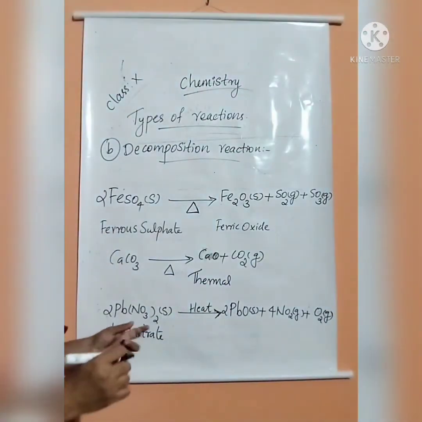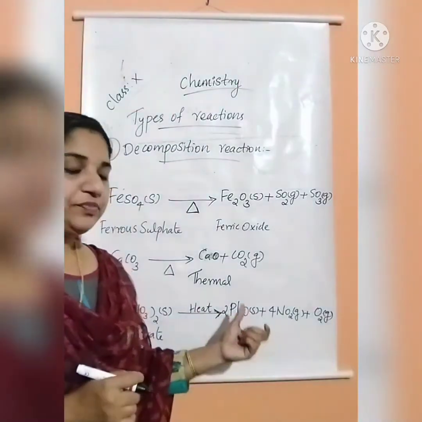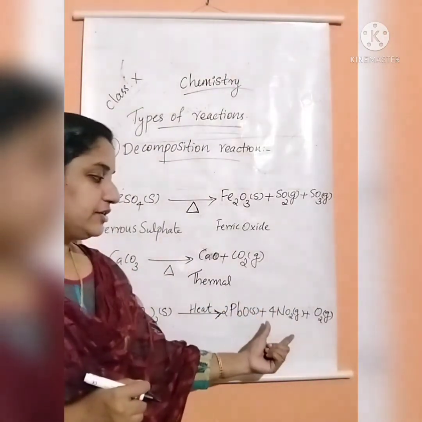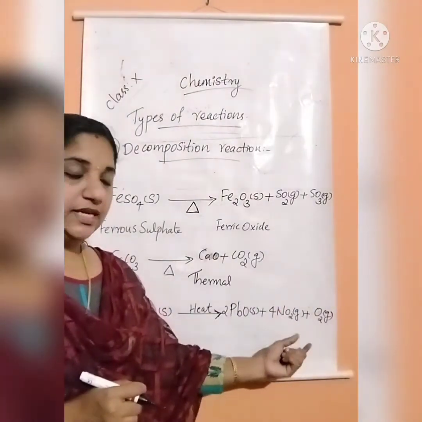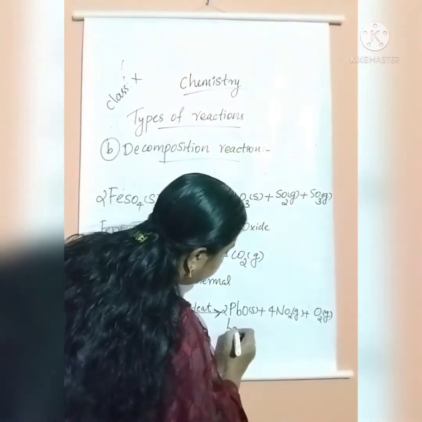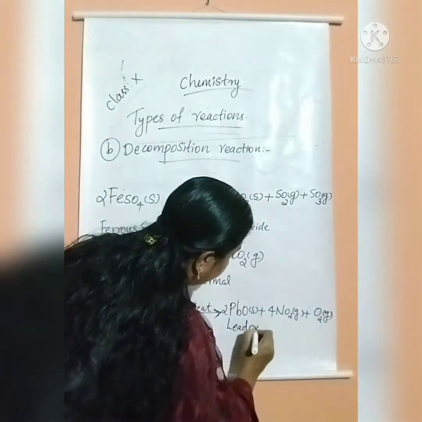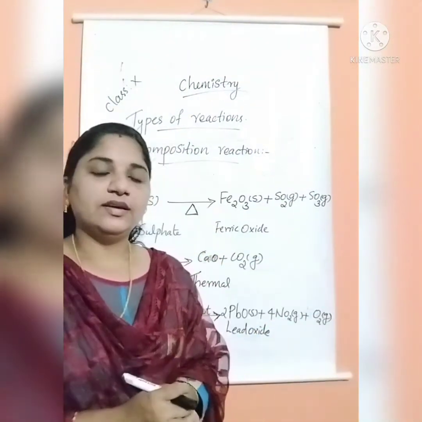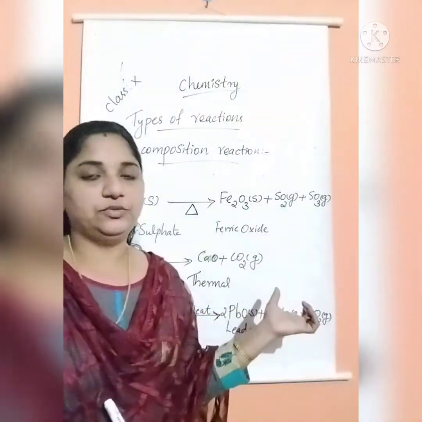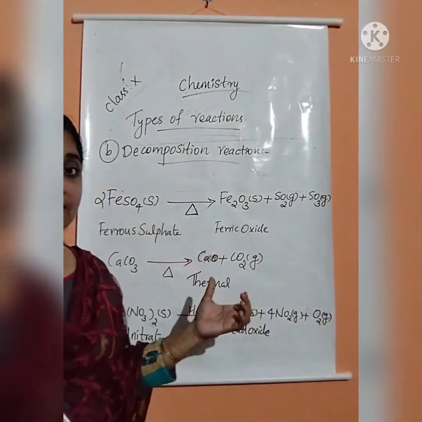When we heat lead nitrate in a test tube, it decomposes into lead oxide, nitrogen dioxide gas and oxygen gas. This is lead oxide. We take some lead nitrate powder in a test tube and heat it well.